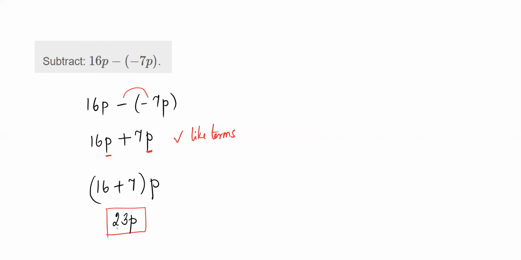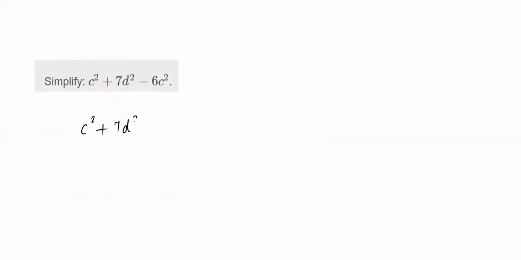So whether we add or subtract, we always simplify them and then look for like terms. Now, if it is a polynomial, a string of terms, the rule doesn't change. You still have to look for like terms. Let me write that out. c squared plus 7d squared minus 6c squared.